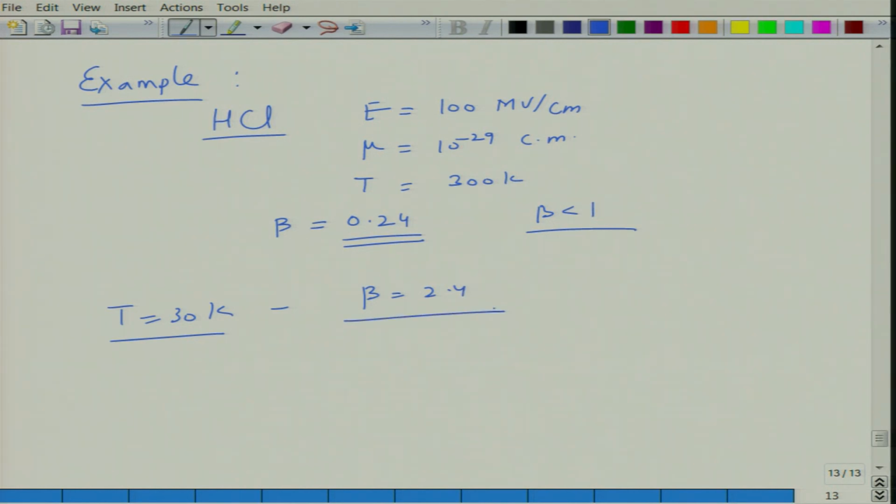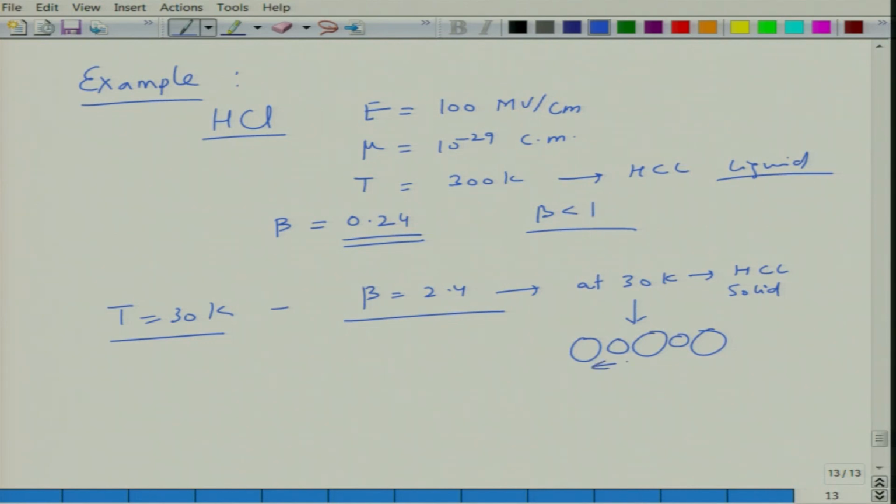So, that sort of invalidates our analysis, but what happens is that at 30 K, HCl is a solid, whereas at higher temperature HCl is a liquid and all the dipoles are randomly oriented. In solid form, if you have this kind of situation, the dipoles tend to cancel each other, and only the ionic polarization contributes.